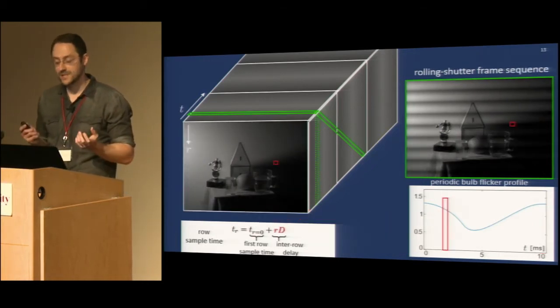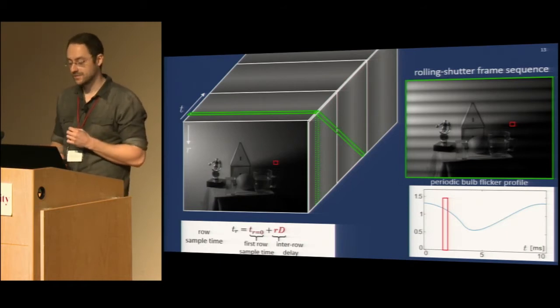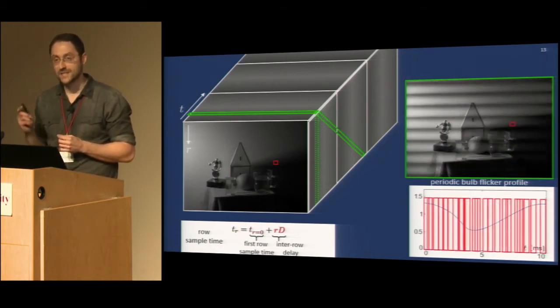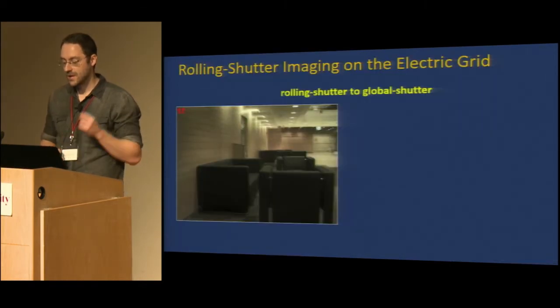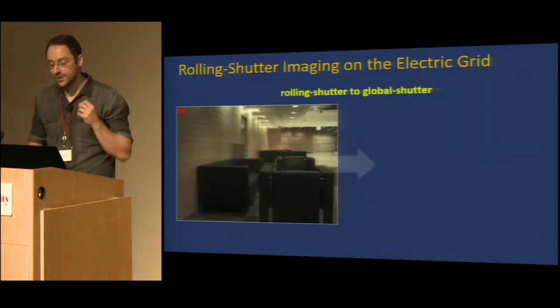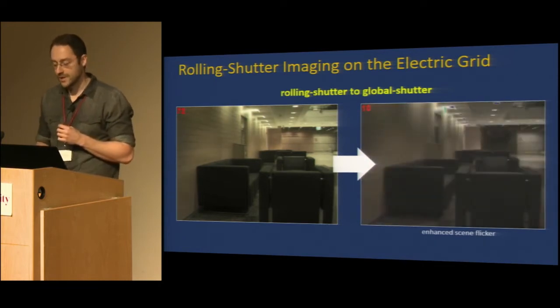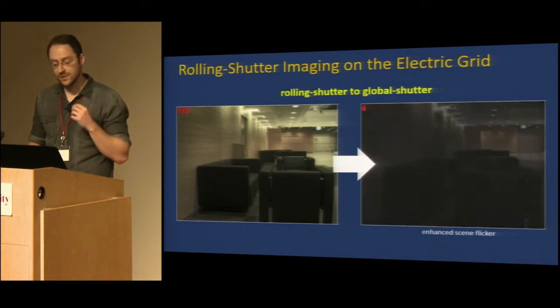So, per pixel, one frame provides one sample within the flicker cycle, but a sequence of frames provides samples that span the flicker cycle. I will show that by correctly reordering and resampling a sequence of rolling shutter frames, we are able to produce global shutter flicker sequences of the scene, similar to the old A-cam.